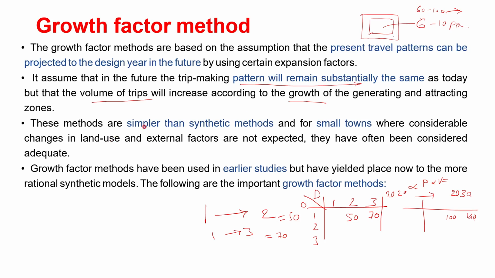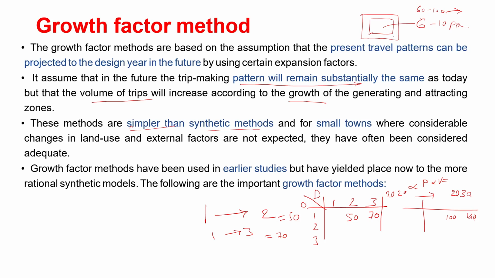These methods are very simple compared to the synthetic methods, and applicable for small towns where considerable change in land use and external factors are not considered, and it is often considered adequate.